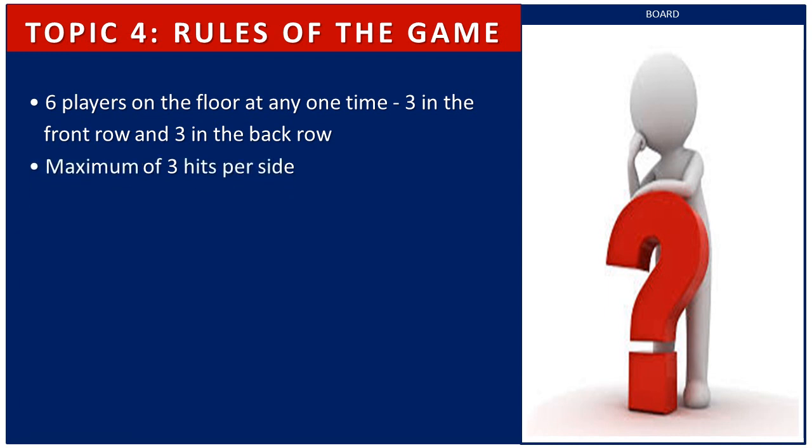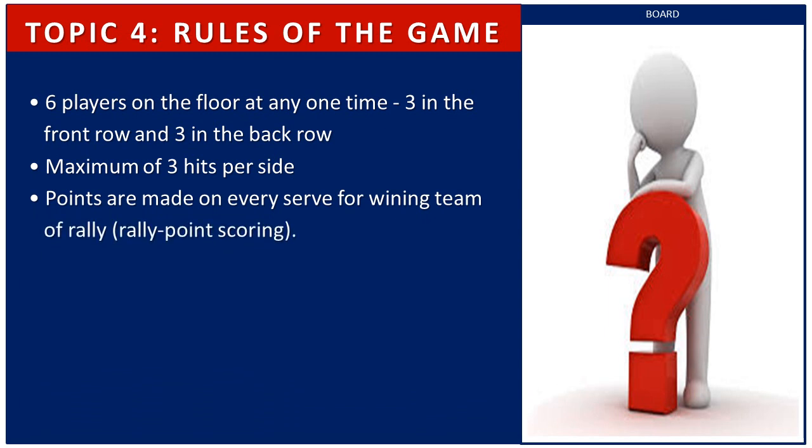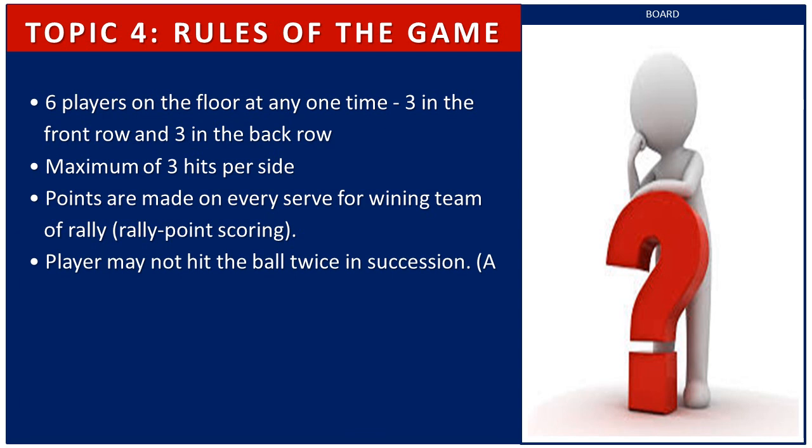Next is a maximum of 3 hits per side. Next is points are made on every serve for the winning team of the rally, or we call rally point scoring. A player may not hit the ball twice in succession. A block is not considered a hit.